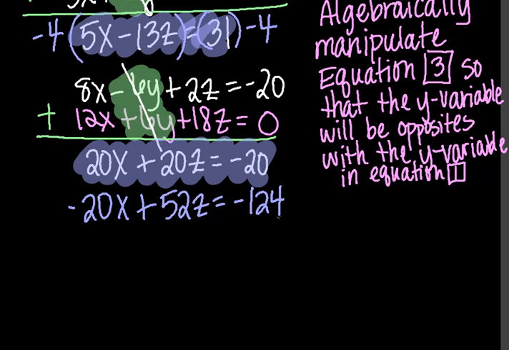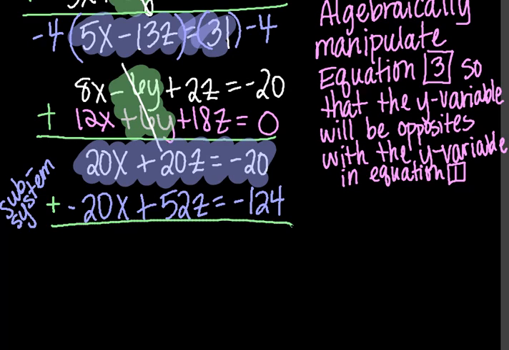And so now we can solve this subsystem. We can stick with our elimination method by adding these two together now. And what happens to the x's? They cancel out. They get eliminated.